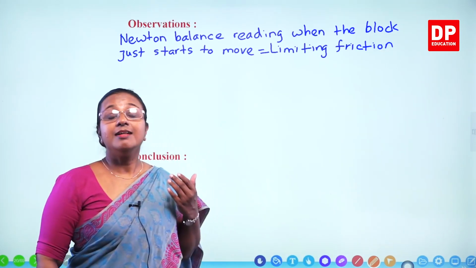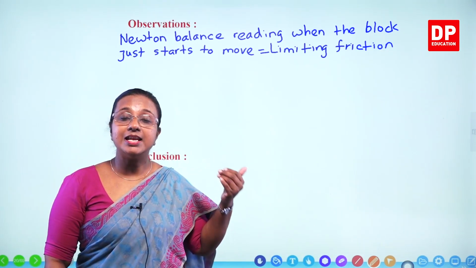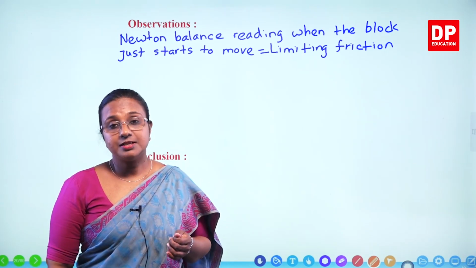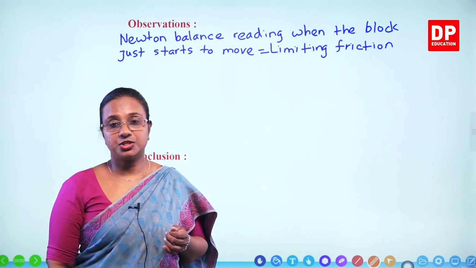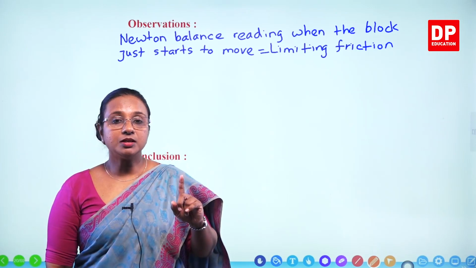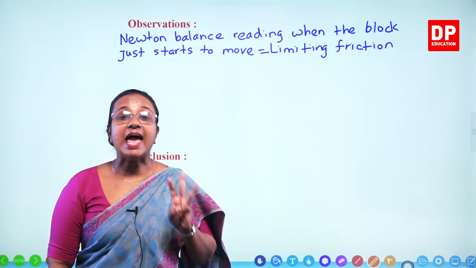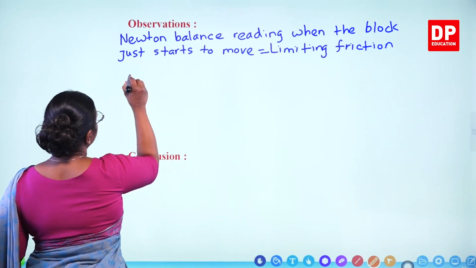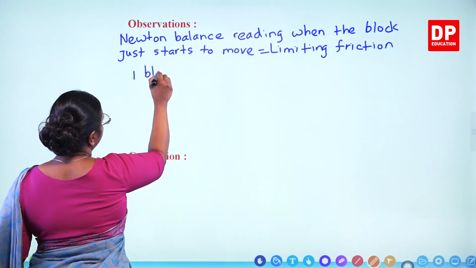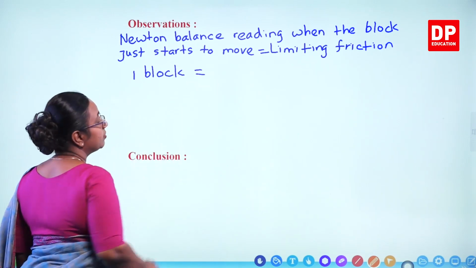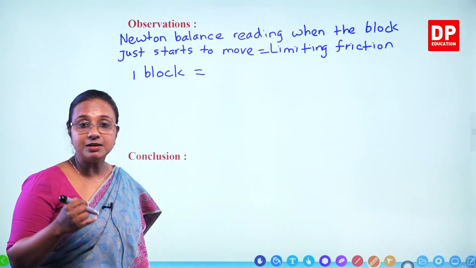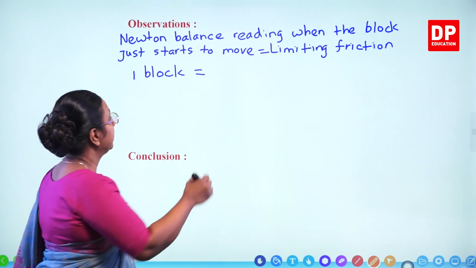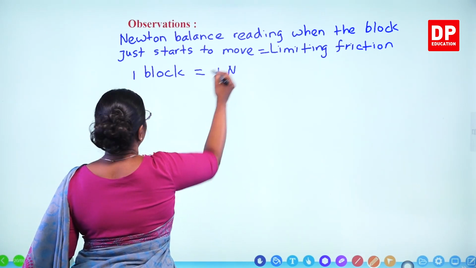So there were 3 instances under which we determined the limiting friction: with 1 block, with 2 blocks and with 3 blocks. When we used only 1 block, what was the Newton balance reading as the block just started to move? It was 1 Newton.